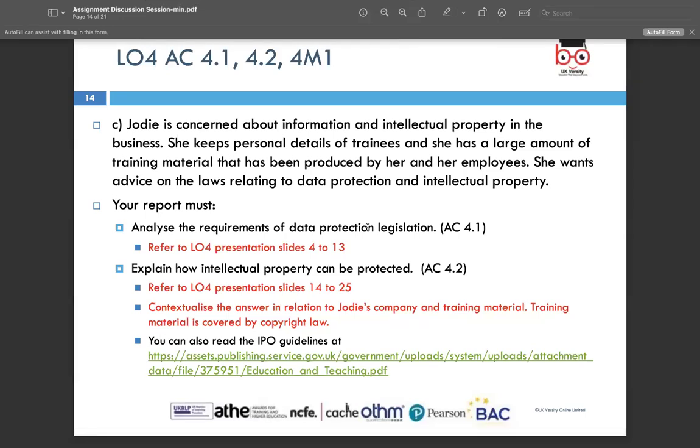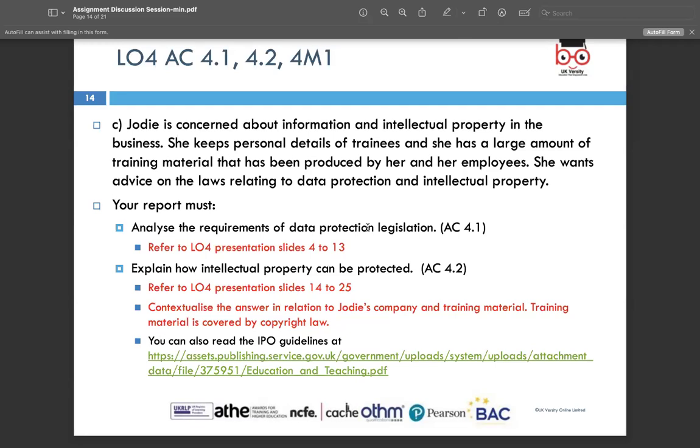The rights of data subjects: describe the rights granted to individuals, including the right to be informed, right of access, right to rectification, right to restrict processing, right to data portability, right to object, and rights related to automated decision making and profiling.